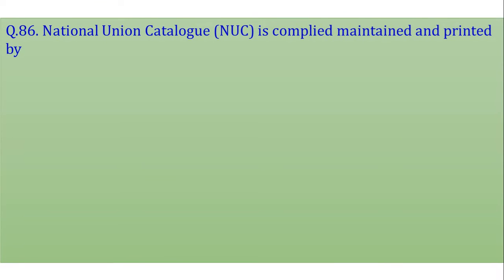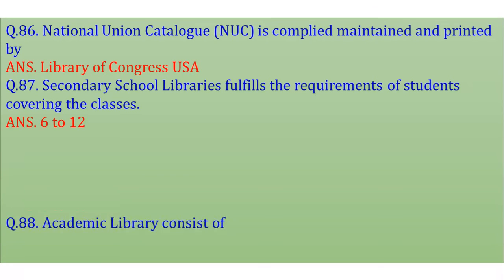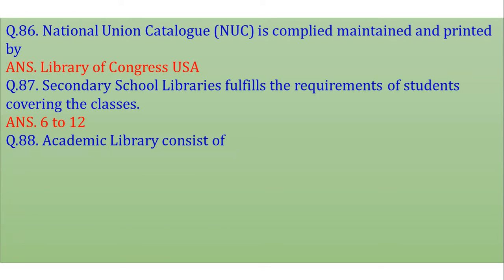National Union Catalogue (NUC) is compiled, maintained and printed by Library of Congress, USA. Secondary school libraries fulfill the requirements of students covering the classes 6 to 12. Academic library consists of college and university libraries.